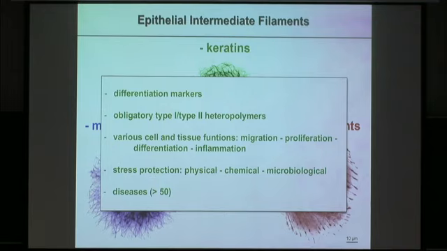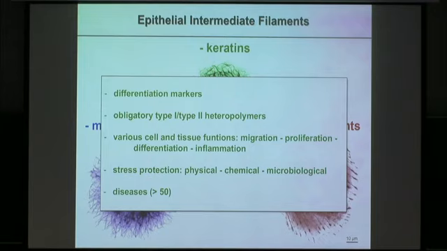Now, the last, I'd say, decade or so has witnessed that actually these very abundant polypeptides in epithelia contribute to various epithelial functions, although they're not essential for these epithelial functions, contributing to migration, proliferation, differentiation, and even such complex processes such as inflammation.